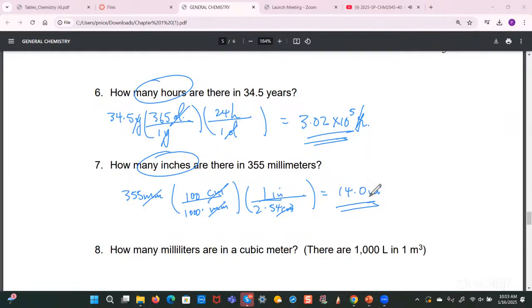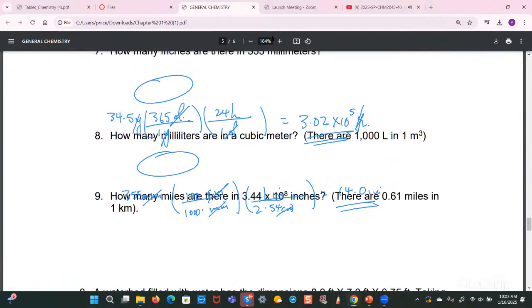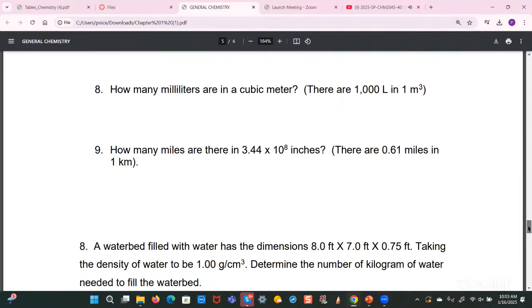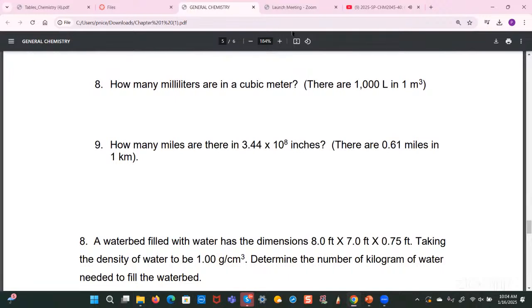Okay, the last one on this page, well, let me make sure it's the last one. Oh, there's more, okay.